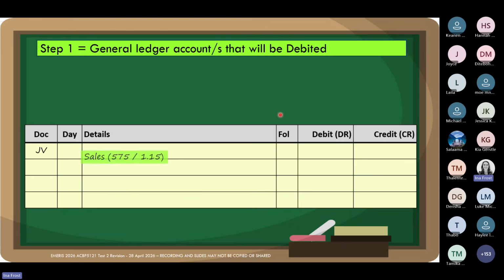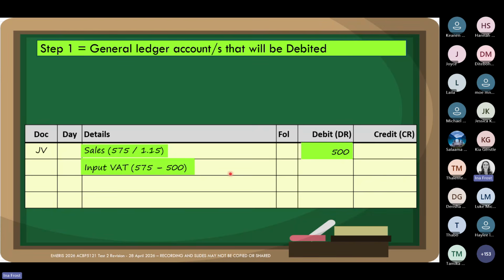In this instance, we are going to debit the sales account, and the sales account is going to be excluding VAT. You can see here in my calculation, to get the amount excluding VAT, I'm dividing by 1.15. That is then on the debit side, because I'm writing down first the general ledger account or accounts that I'm going to debit. It is sales, but it's not only sales, it is also input VAT.